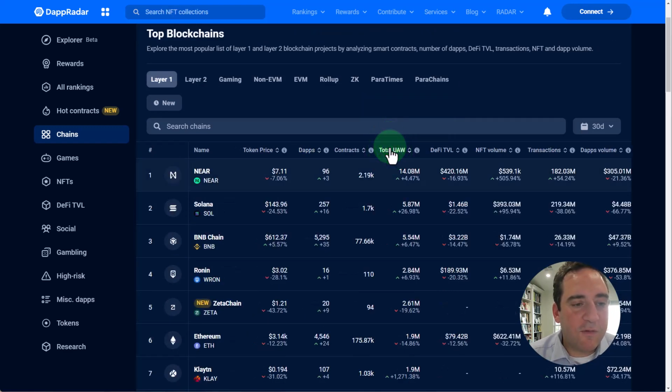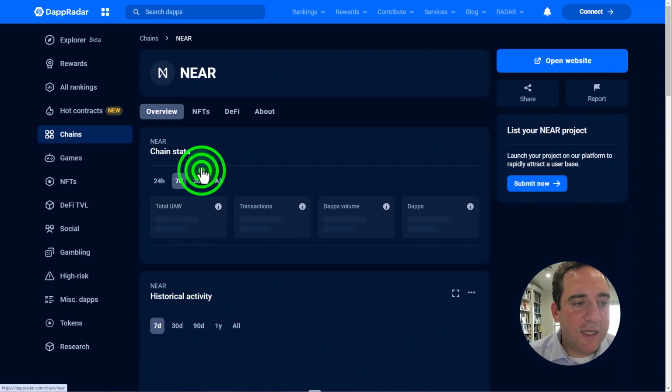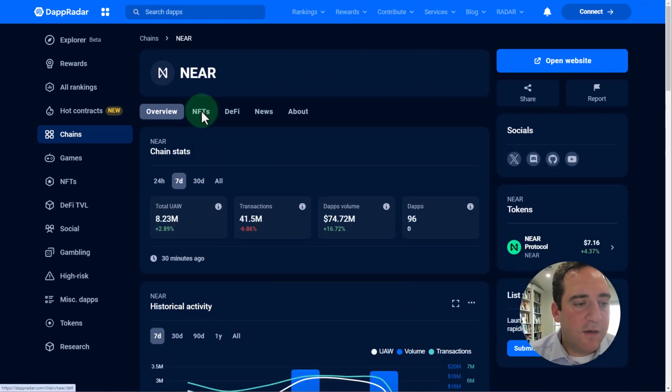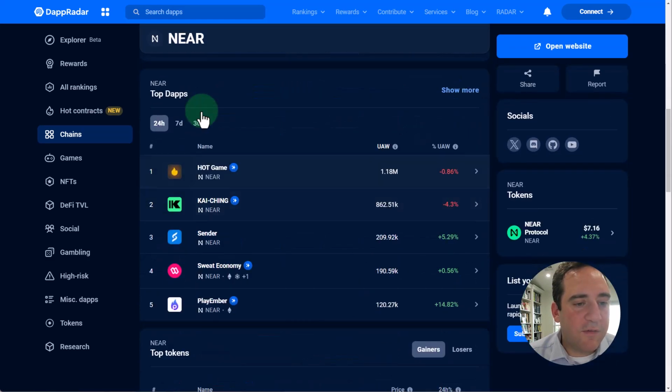So let's track it by user. The number of users is why I was particularly bullish about the Near blockchain. I noticed this a long time ago when I was looking at the adoption statistics, that the number of active users was exploding on the Near blockchain, especially for gaming. So if you click it, you can see the activity, and you can see specifically which game is the most popular, right?